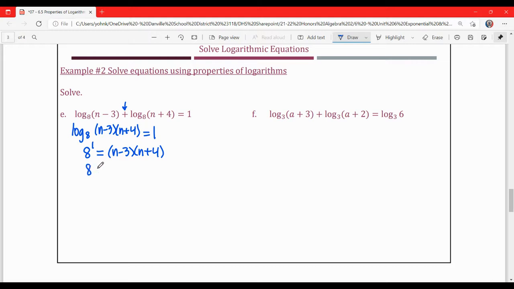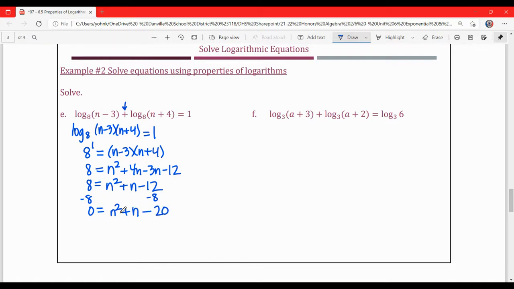So that's 8 equals, and on the right here, I can double distribute: n squared plus 4n minus 3n minus 12. I can collect like terms and bring the 8 over to the other side. So 8 equals n squared plus n minus 12, minus 8. So 0 equals n squared plus n minus 20.